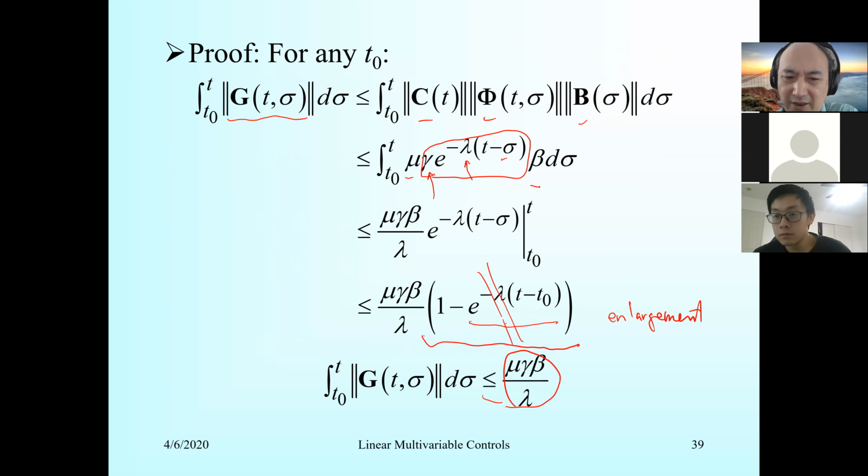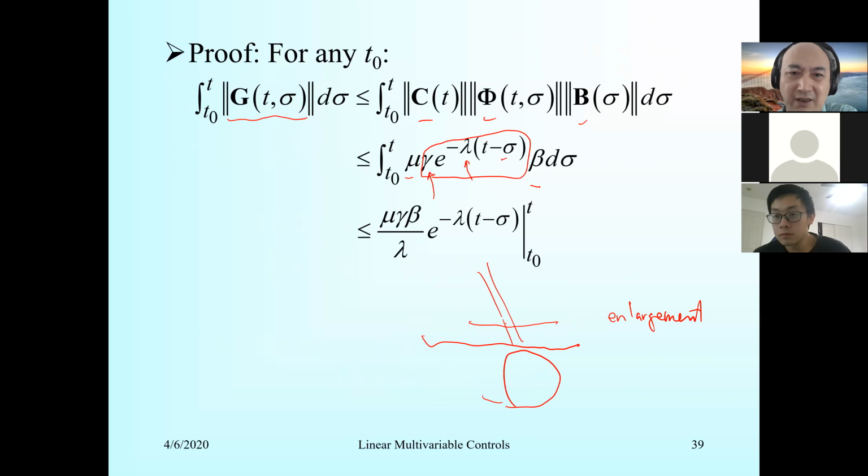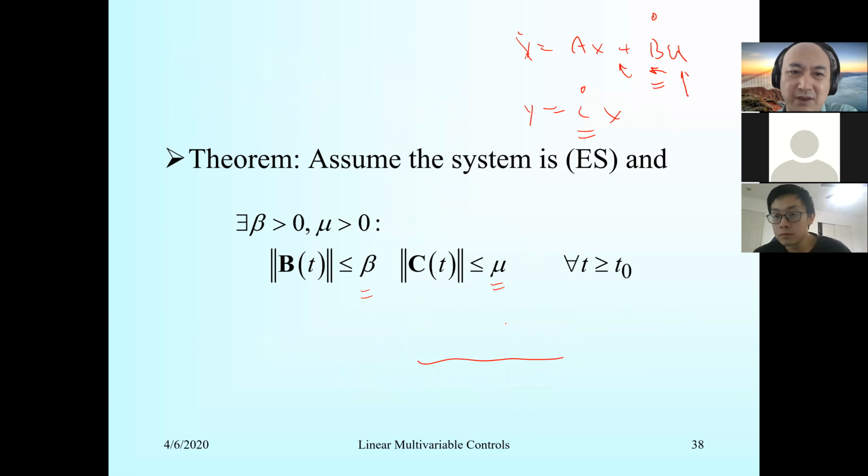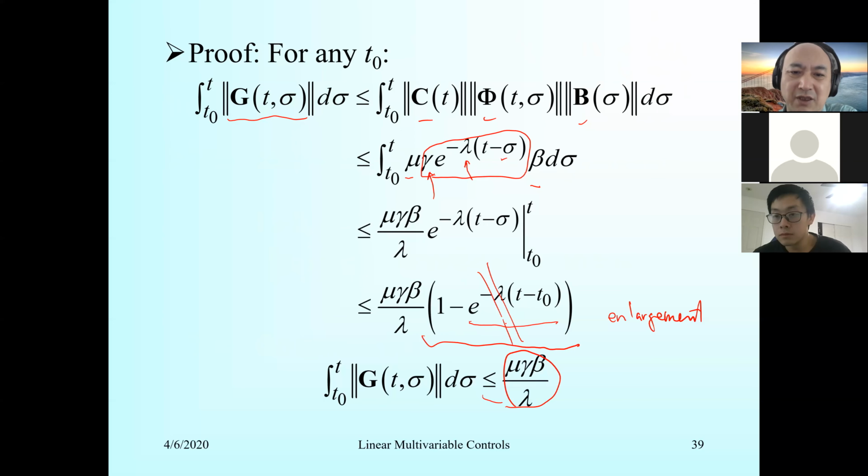So we know this impulse response G, the norm of its integration is bounded, okay? That is the theorem, and we know if G is bounded, then it's BIBO. If this integration is bounded, then it's BIBO.